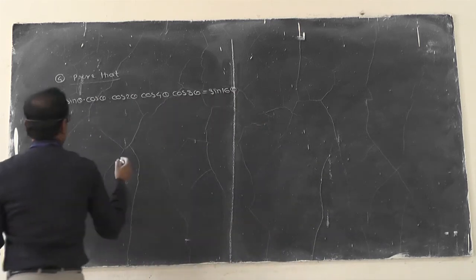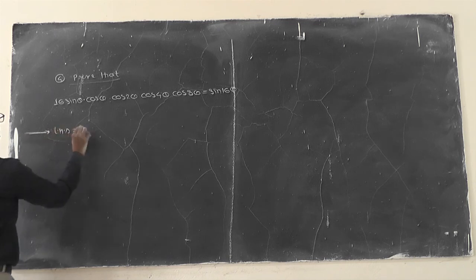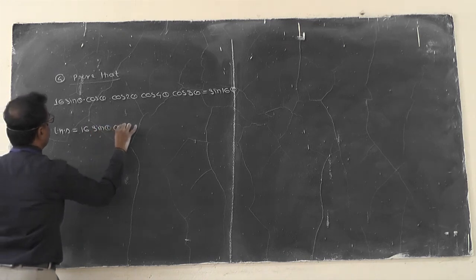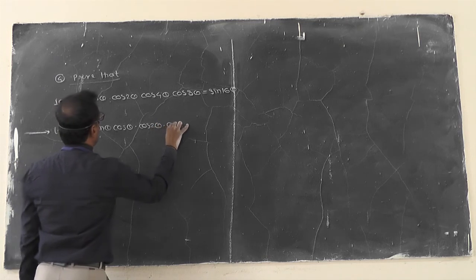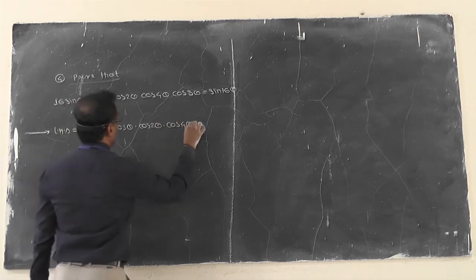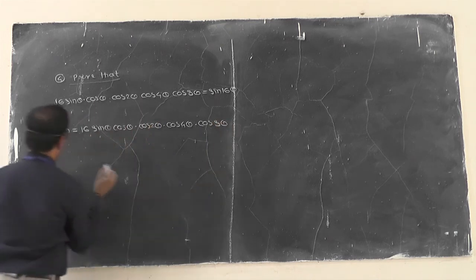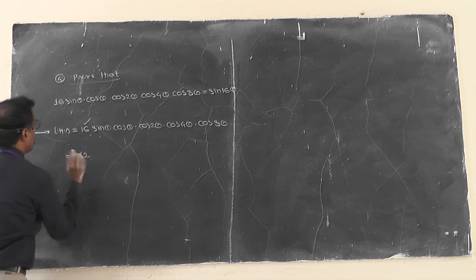I think the proof is very straightforward and simple. LHS: 16 sin theta into cos theta, multiplied by cos 2 theta into cos 4 theta into cos 8 theta. Now 16 can be replaced by 8 into 2.